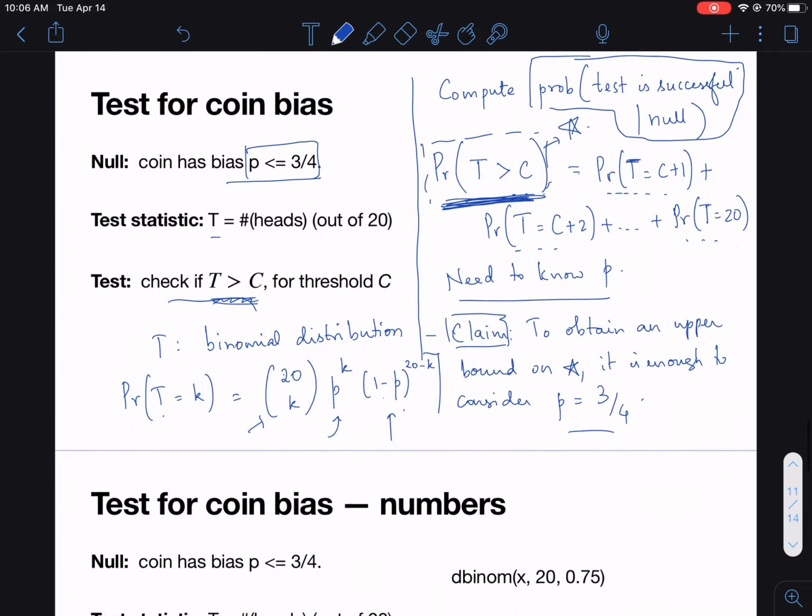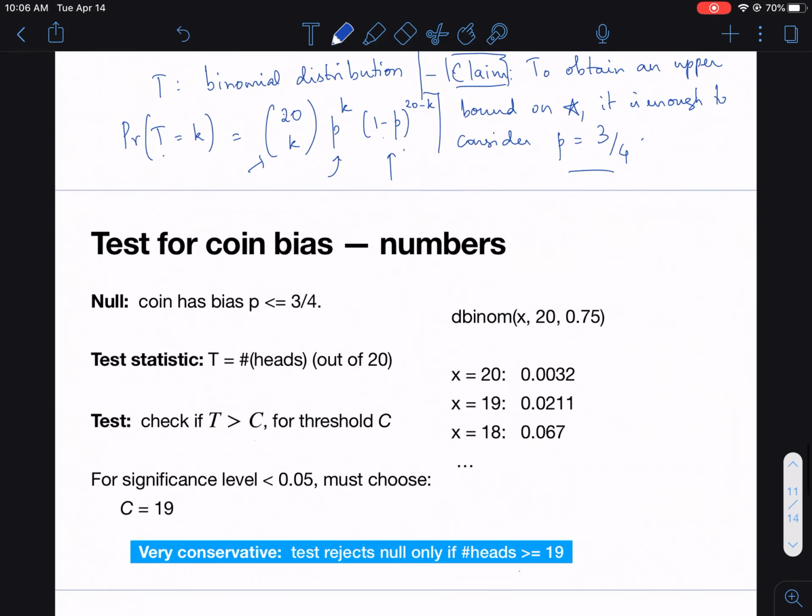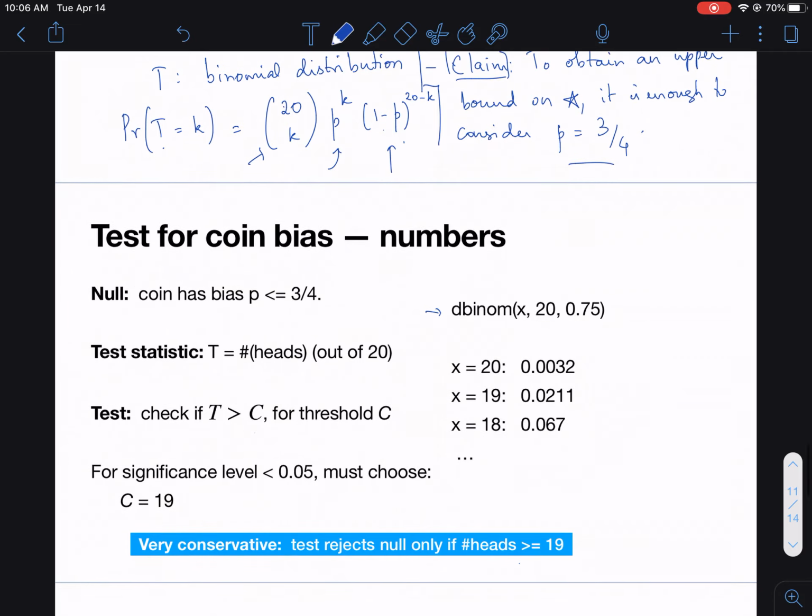Now how do you do this? Thankfully, we don't have to compute a messy expression like this. R has a nice function that computes the density function of a binomial, and this is called dbinom. The way you plug this in is you give k, you give n, and you give the probability p of heads.